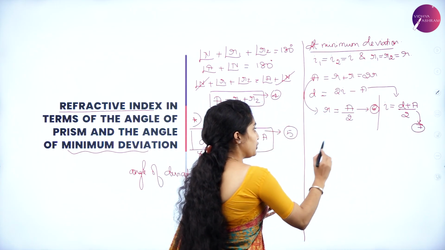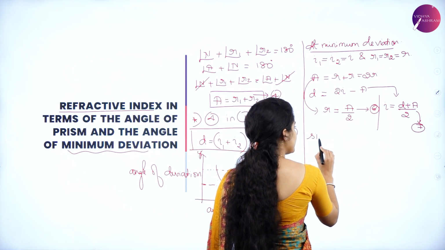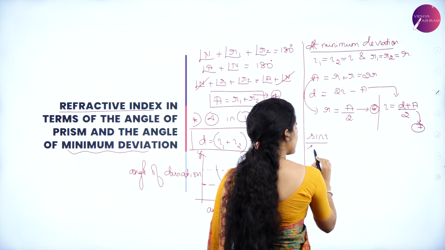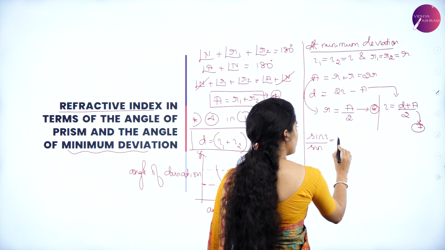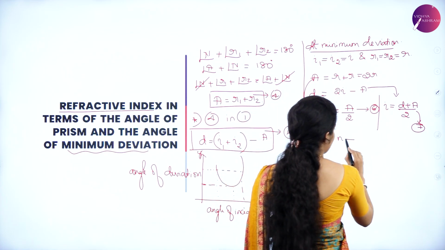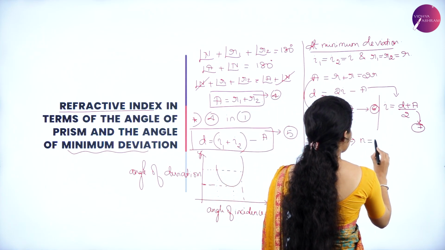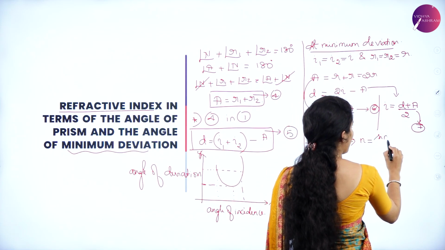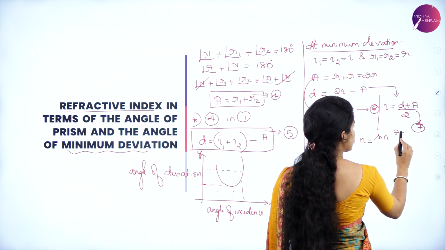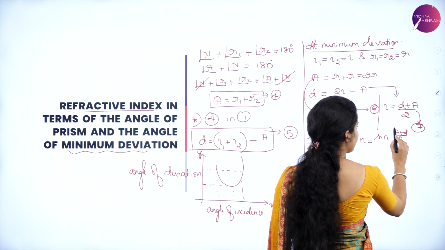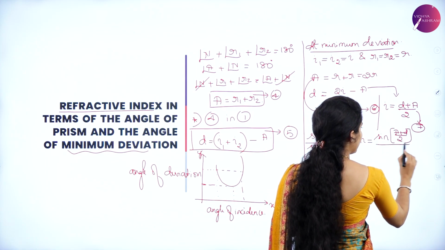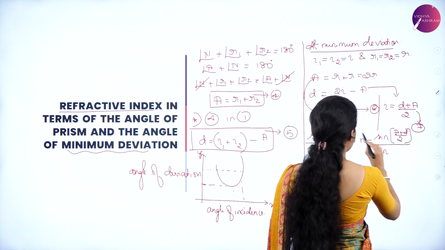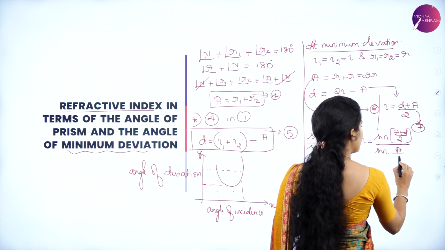So now you know that according to Snell's law, sin I by sin R is equal to n, the refractive index, which can be rewritten as n is equal to sin((A plus D) divided by 2) by sin(A by 2).